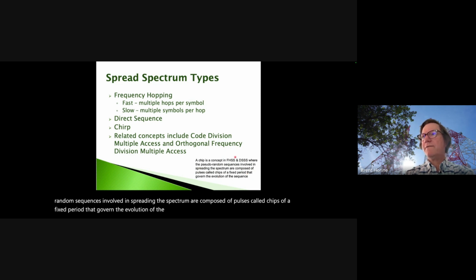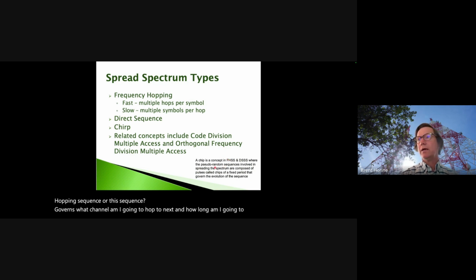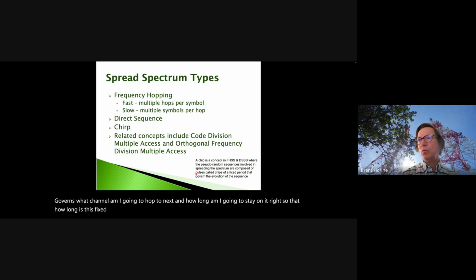Right. So in frequency hopping spread spectrum, I'm talking about how we're hopping from one channel to another. Right. So that hopping sequence, or the sequence that governs what channel am I going to hop to next, and how long am I going to stay on it, right? So that how long is this fixed period, and what channel I'm going to is part of this pseudo random sequence.